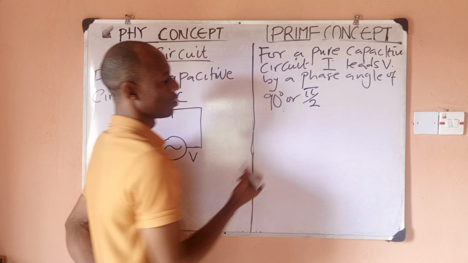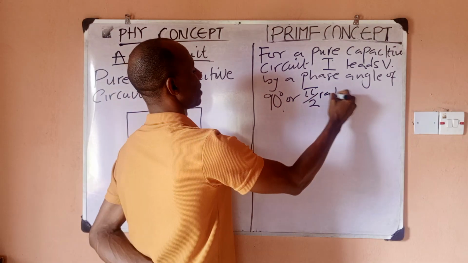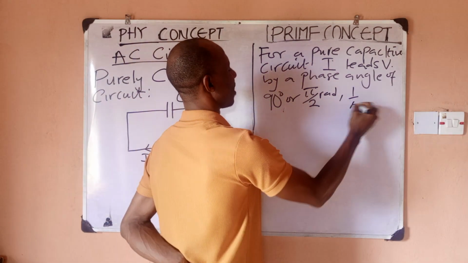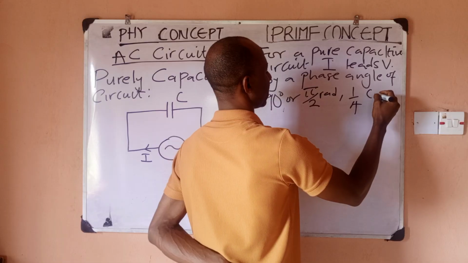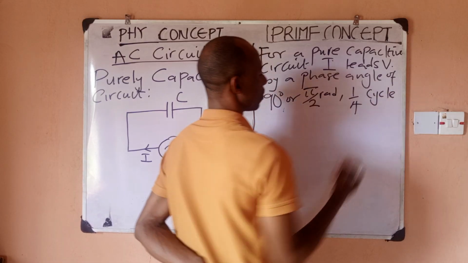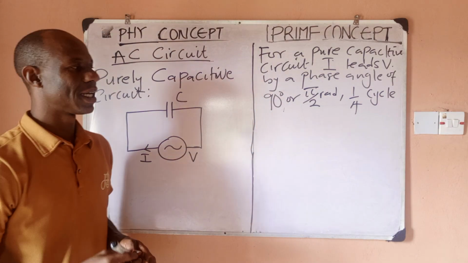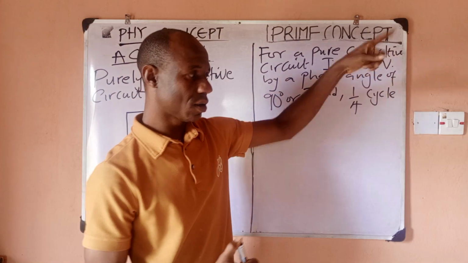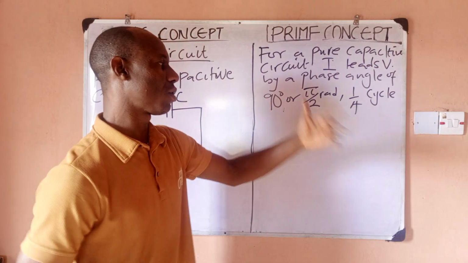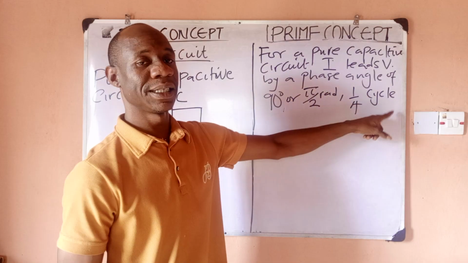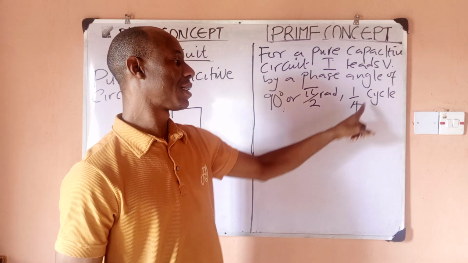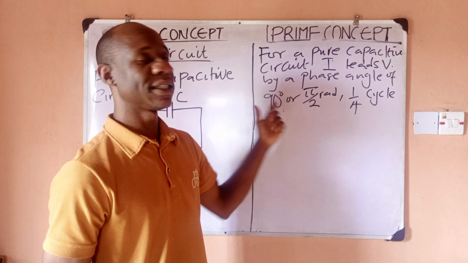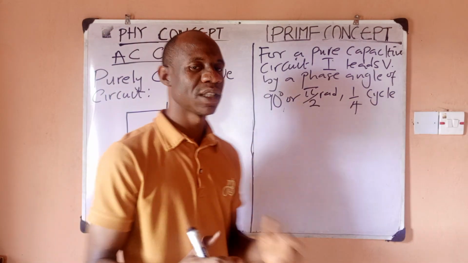Pi over 2 radian is the same thing as 90 degrees, or you can just say 1/4 of a circle. Remember that a circle is 360 degrees, right? One complete movement or oscillation or revolution is 360 degrees. So if you say 360 divided by 4, it will still give us 90. So any of these terms would still say the same thing.